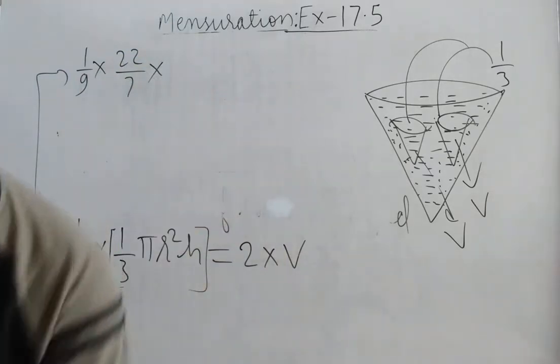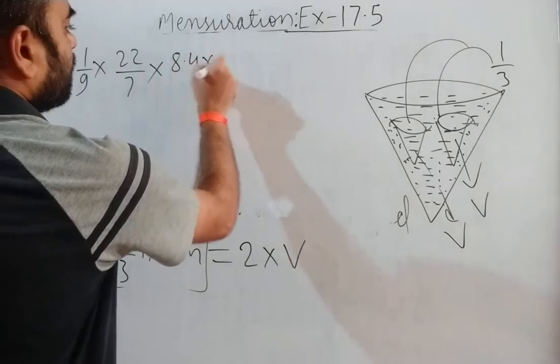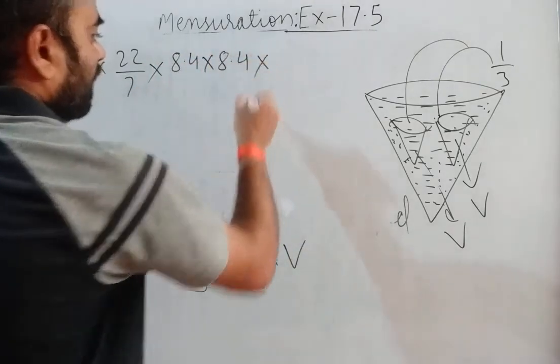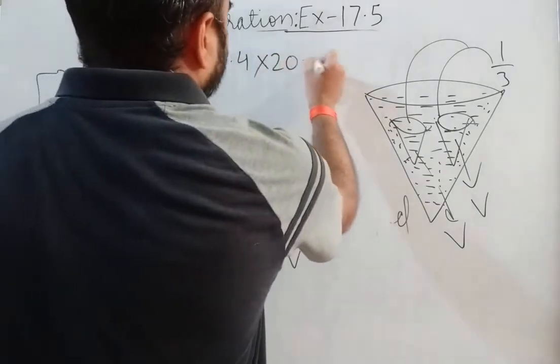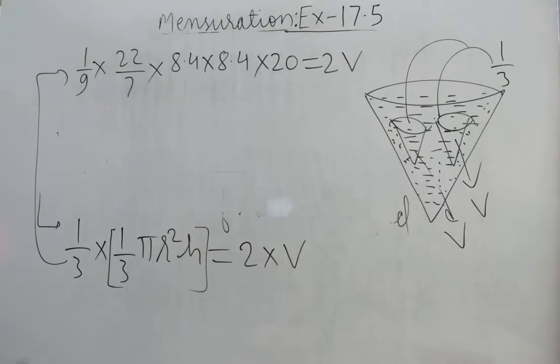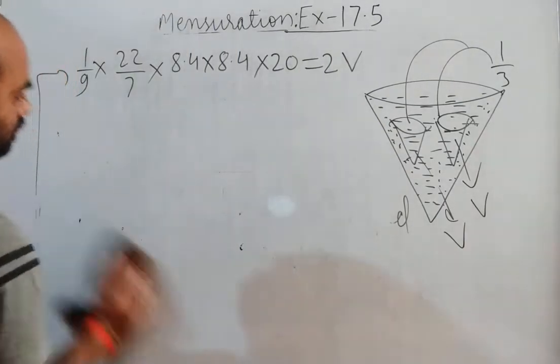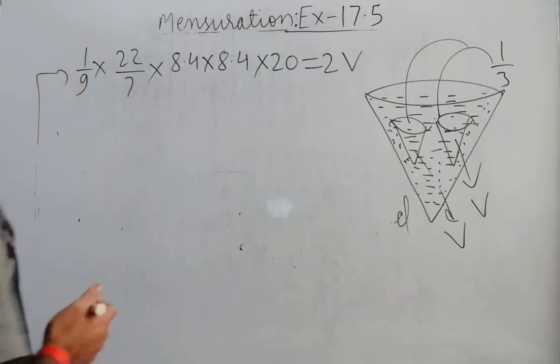Radius was given 8.4, so 8.4 into 8.4, and height is 20. That will give 2 times V. Clear? Nothing is mentioned about pi, so we take 22 by 7. First, what will be cancelled?